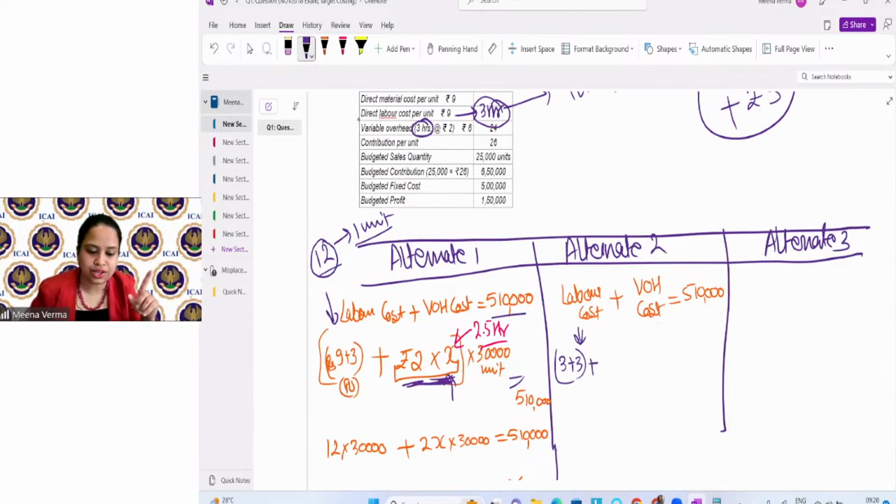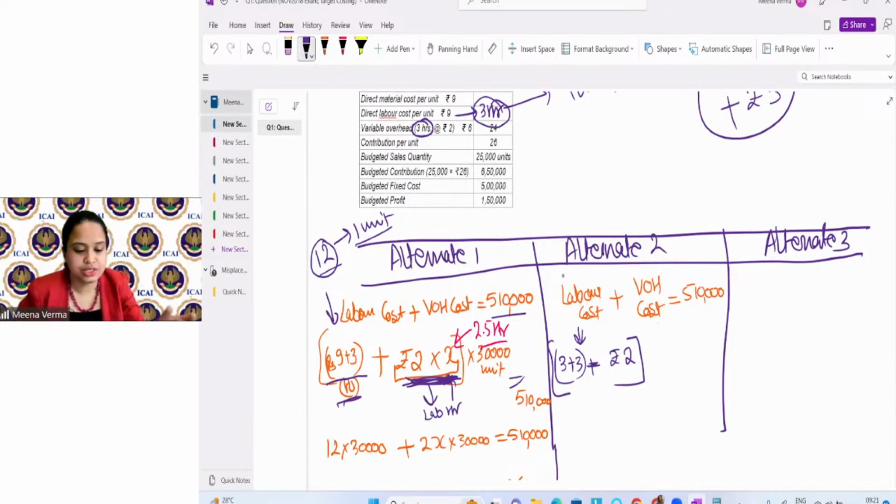And for variable overhead, we are paying ₹2 per hour. Now here we are assuming both payments are made on the basis of hour. Labor, we are paying per hour, and we are incurring variable overhead per hour. While earlier, we were making the payment to the labor on the unit basis, and variable overhead cost was incurred on the basis of labor hours worked.